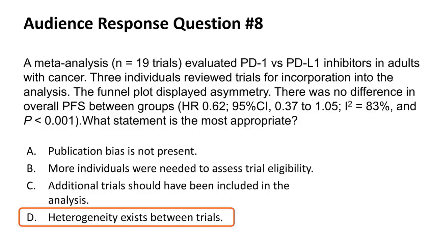More individuals were needed to assess trial eligibility really doesn't come into play with this because it's a meta-analysis. And then additional trials should have been included in the analysis. Again, really doesn't come into play because apparently they could only include 19 trials based on their predetermined criteria for trial inclusion.